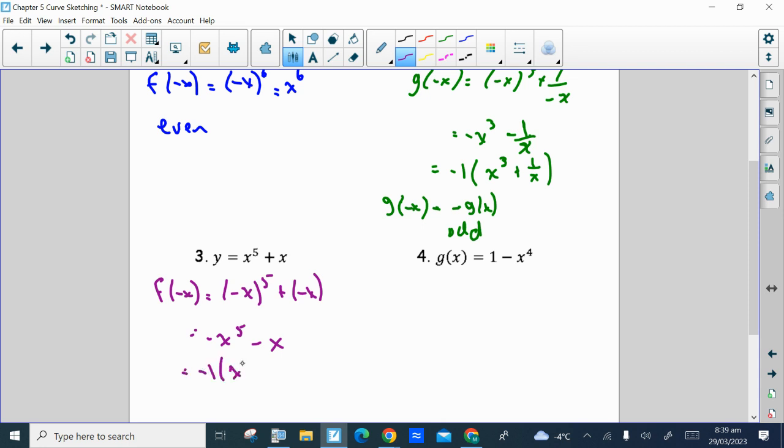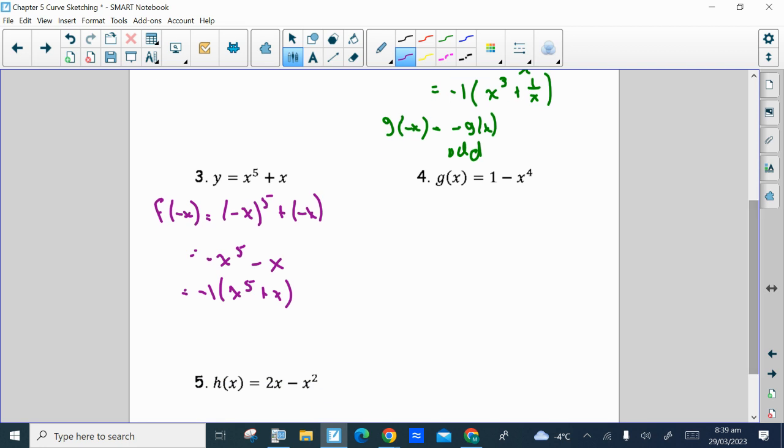However, if we take out a common factor of negative 1, then what we get inside the brackets is what we started with. Right? So this shows us that f(-x) is the same as negative f(x). So again, this function would be odd. It would be symmetrical about the origin.